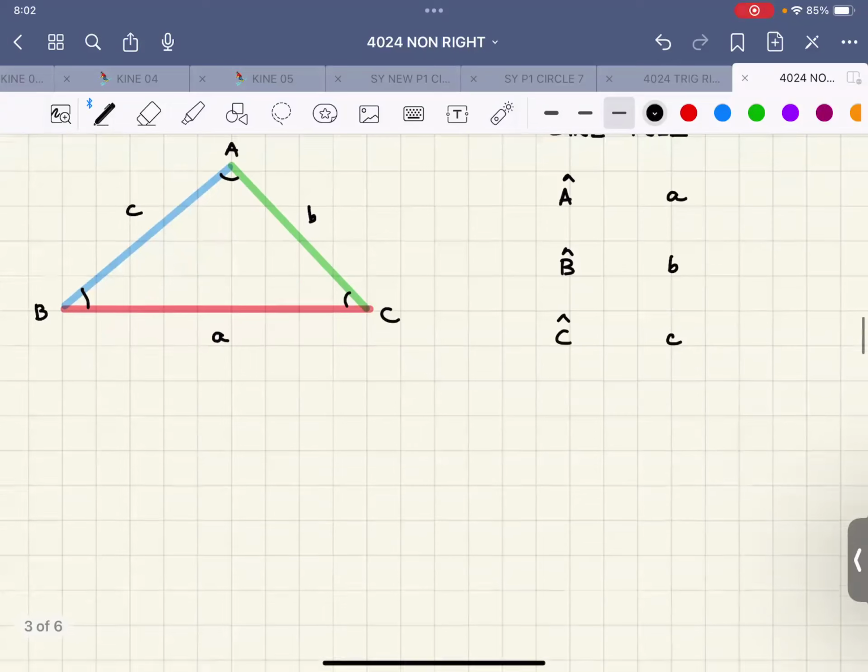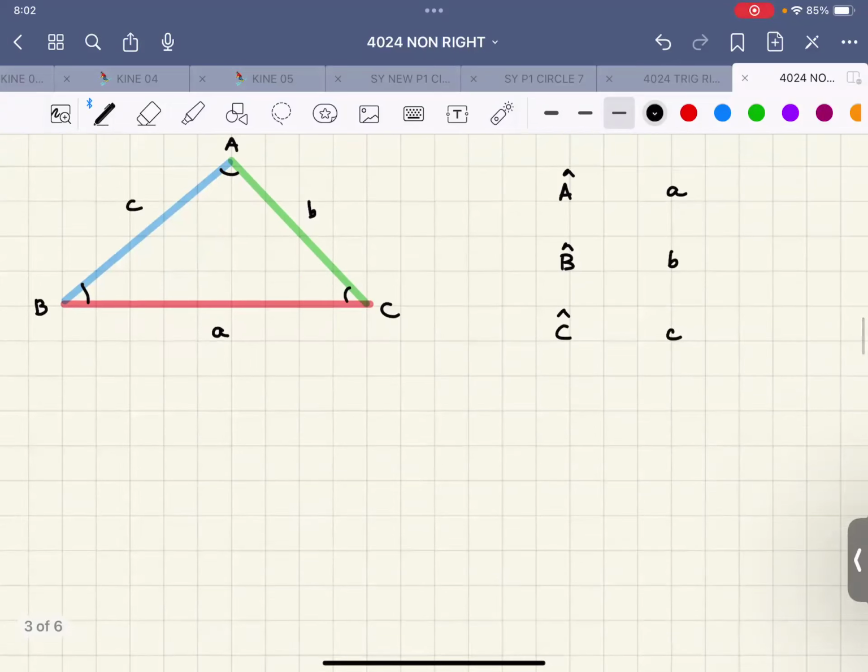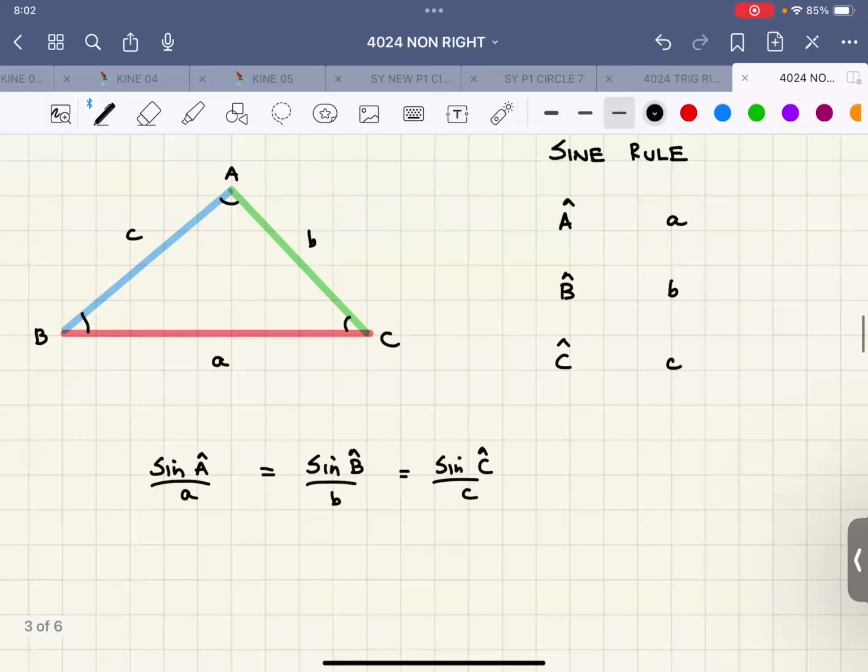If this is the case, then it says that sine A over a equals sine B over b equals sine C over c. That is what we need to use. A and sine A, B and sine B, C and sine C.